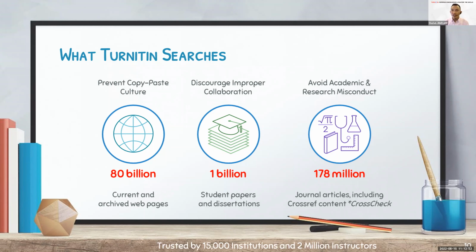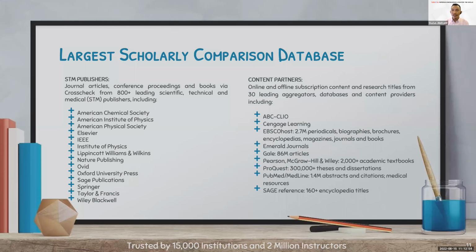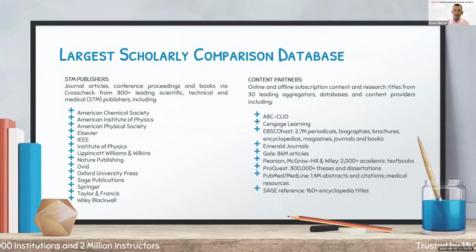Turnitin also has content partnerships with leading aggregators, for example Cengage, EBSCOhost, Emerald, Pearson, and ProQuest. These are the publishers and aggregators that have all their content in the Turnitin database, plus the online content.